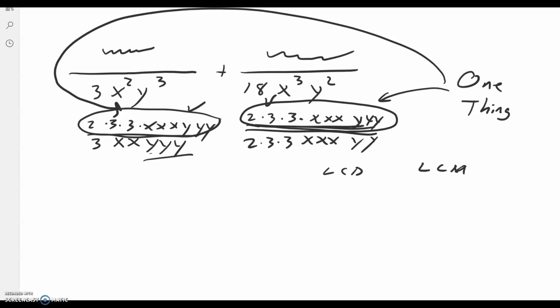So in this particular problem, the least common denominator is 2 times 3 times 3, which is 18, times x cubed times y cubed. There are other ways to think of this that are very good ways, but this way will be very useful in future sections. So I strongly encourage you to learn it.